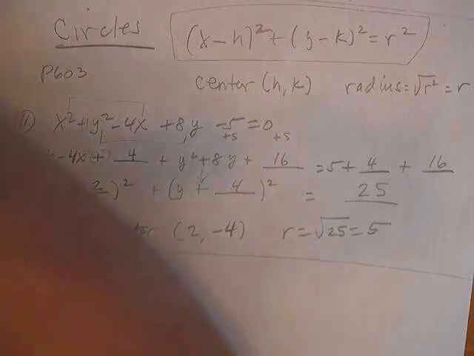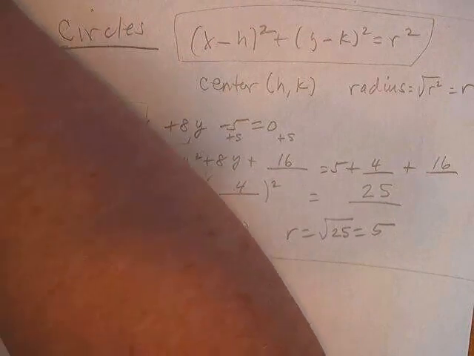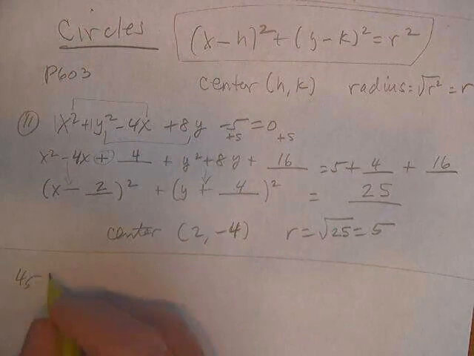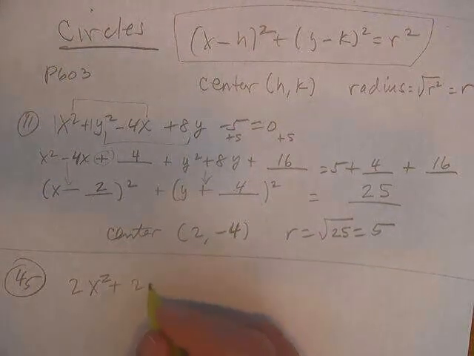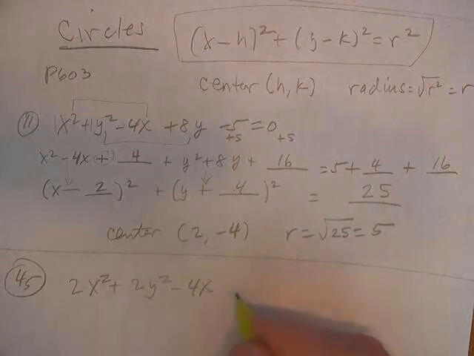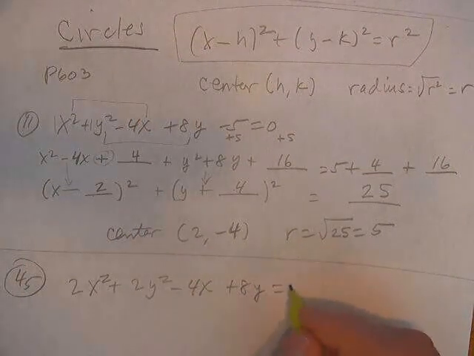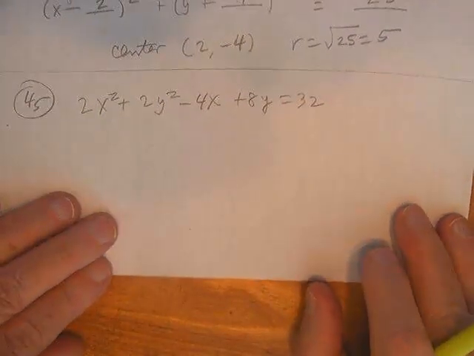Let's do those two crazy ones. Here's number 45: 2x squared plus 2y squared minus 4x plus 8y equals 32.